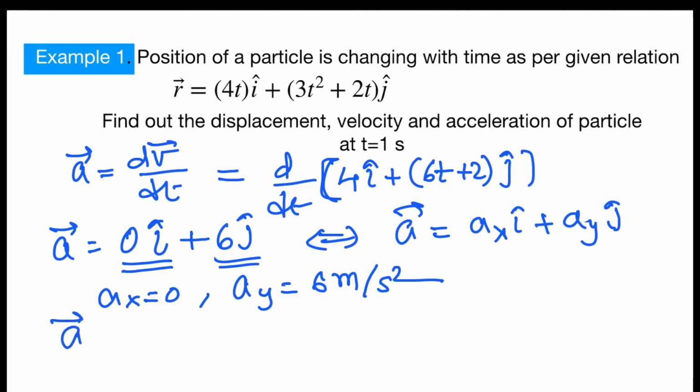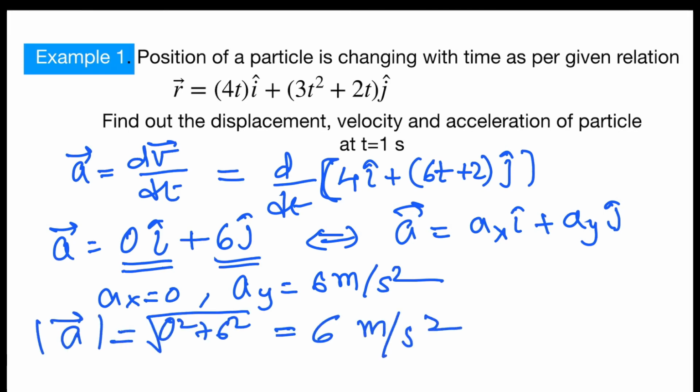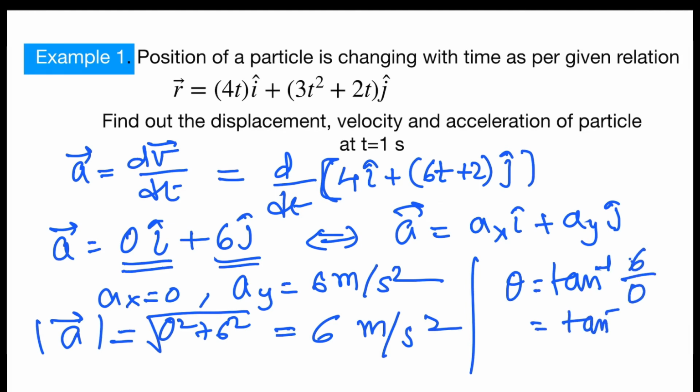So the magnitude of a is 6 meter per second square, and its direction is given by theta equal to tan inverse of ay upon ax, which is 6 by 0, equal to tan inverse infinity, and that is equal to 90 degrees, which we already know because acceleration has a component only in y direction.